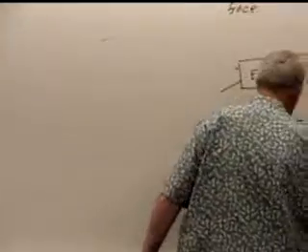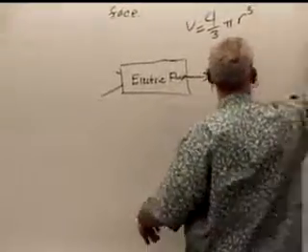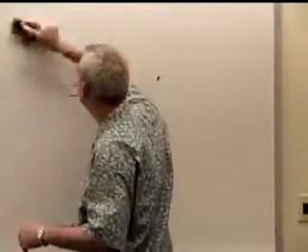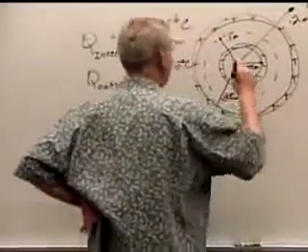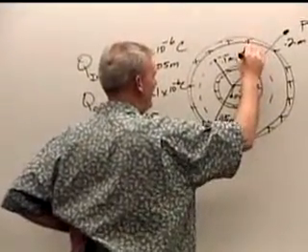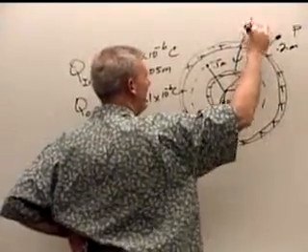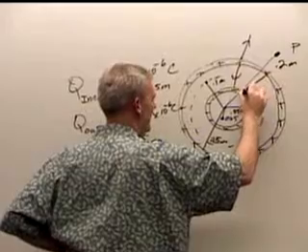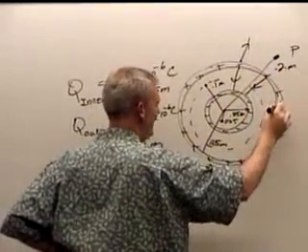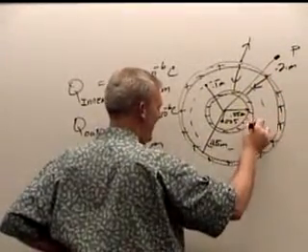Okay, we've got to draw some electric field lines here. Hopefully I can draw this so that it looks halfway decent. Let's draw a couple of them, just to give us an idea. They're going to come in here and marry up with these guys.